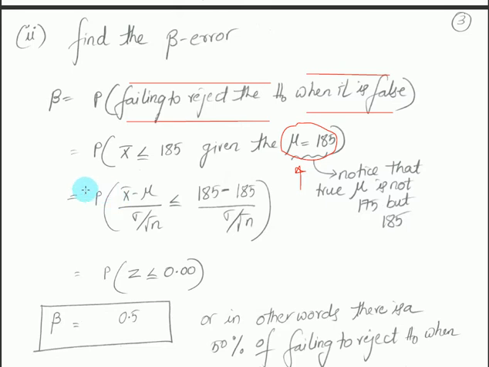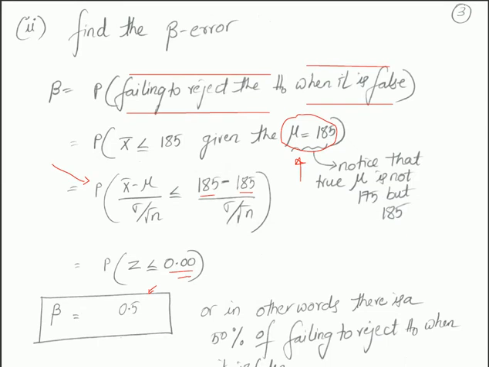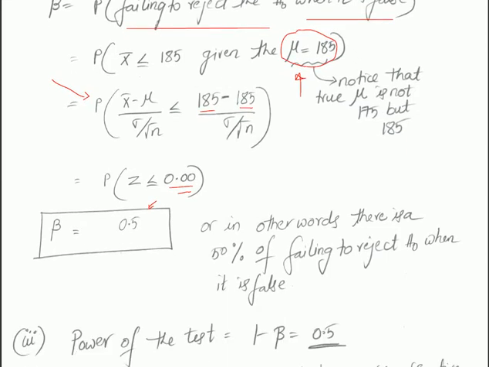If you once again standardize this expression, we get the probability that x bar minus mu divided by sigma over square root of n is less than or equal to 185 minus mu over sigma over square root of n. We know x bar is 185, and mu is also 185, so obviously this becomes 0. The z-score of 0.00 in the z table gives 0.5, which means that there is a 50% chance of failing to reject the H naught when it is false.